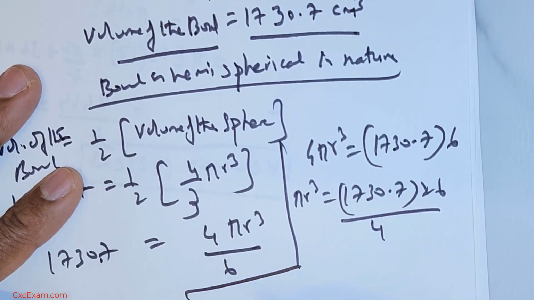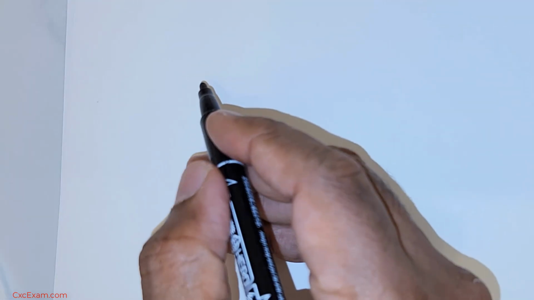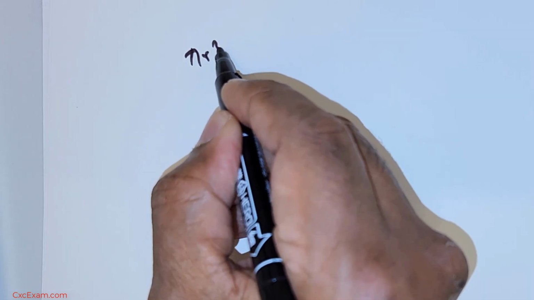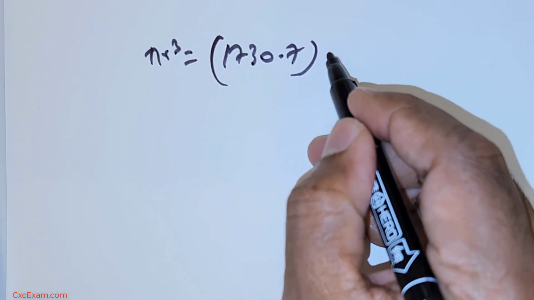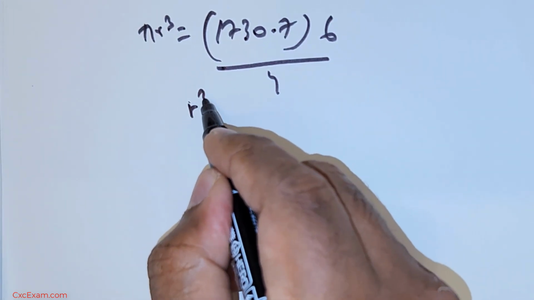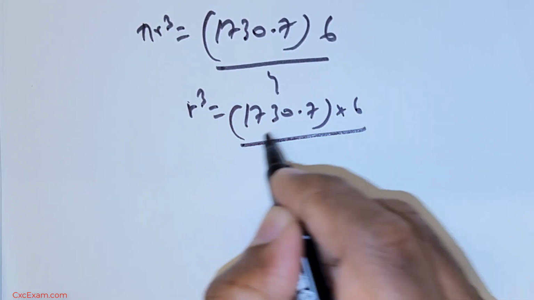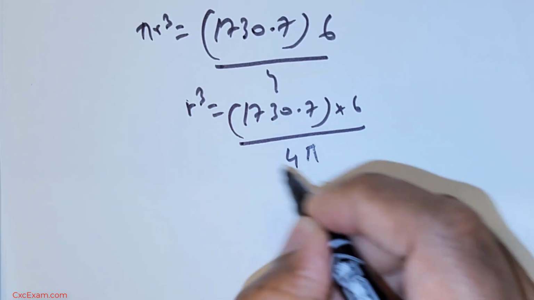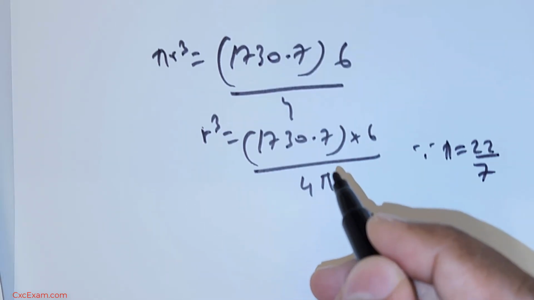Now you bring the pi down. So let me write that down here. We have pi r cubed is equal to 1730.7 multiplied by 6 divided by 4. Pi is brought down. Now pi is 22 over 7.